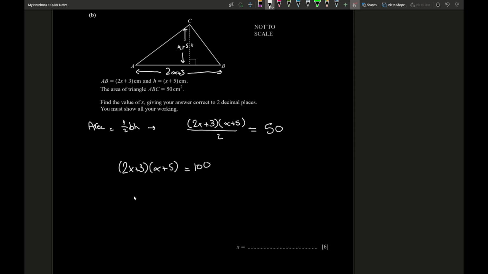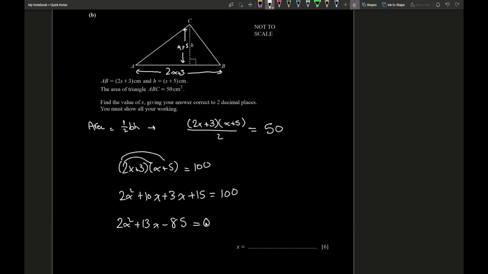And then expand this bracket: 2x squared, and 2x times 5 which is 10x, 3 times x which is 3x, and 3 times 5 which is 15, equals 100. Simplify: 2x squared plus 13x, and 15 minus 100 is negative 85.